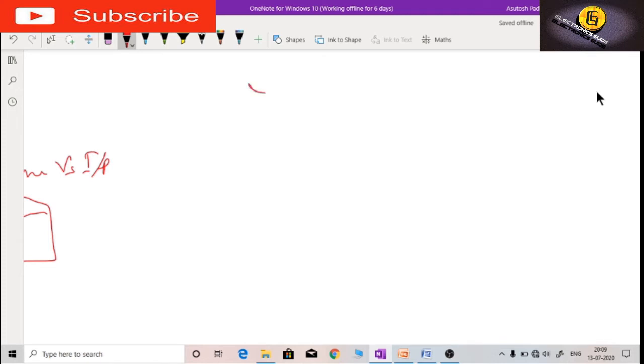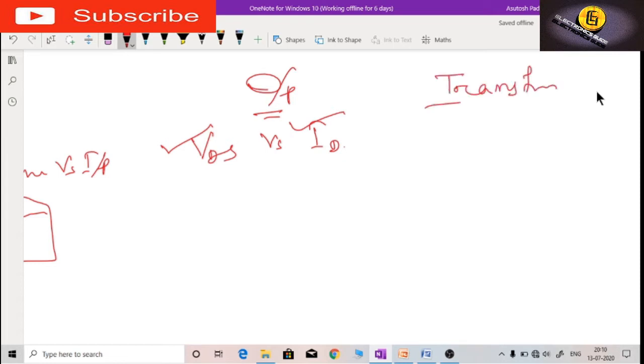The output characteristic of JFET includes the relationship between VDS versus ID. This is the output voltage and this is the output current. So this is the output characteristic curve. The transfer characteristic includes the plot between VGS versus ID.